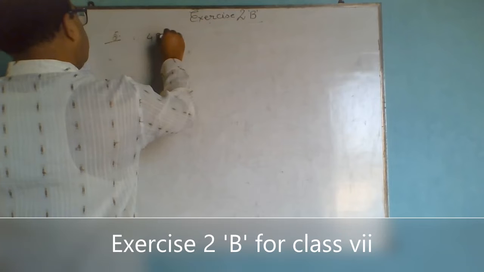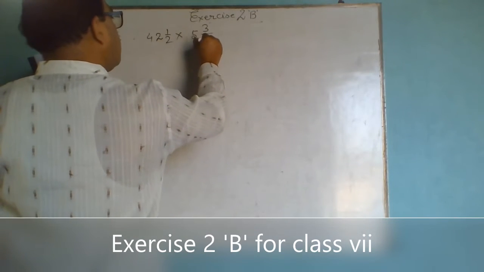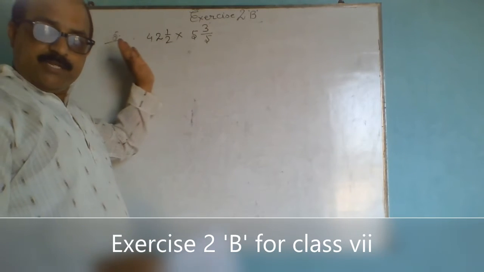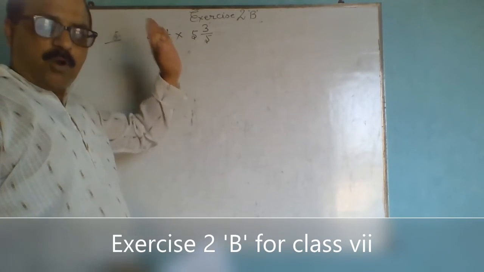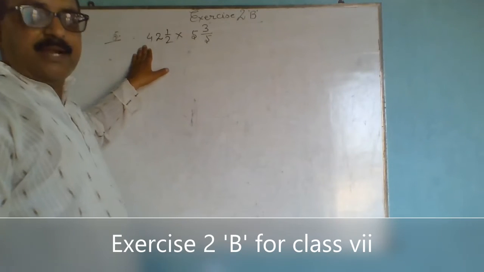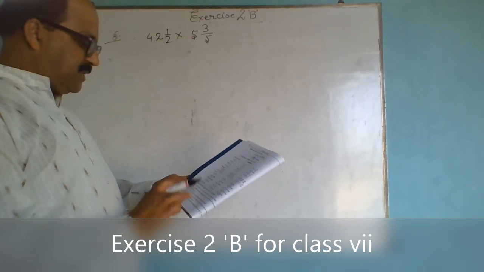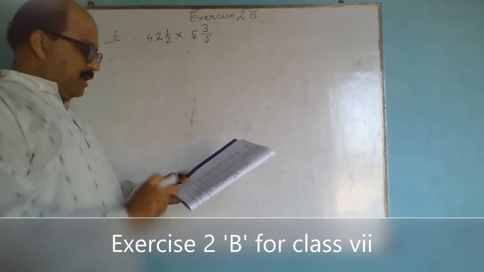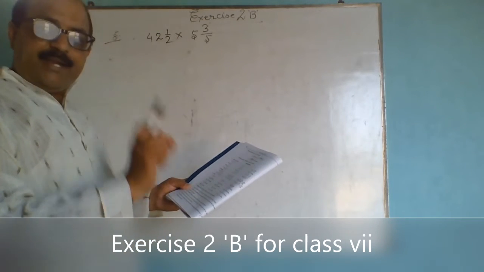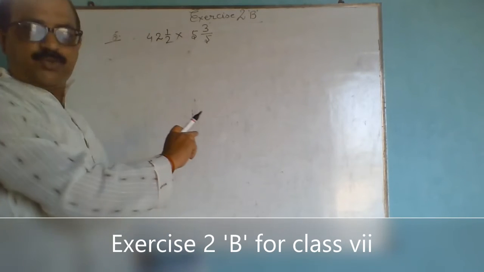42 whole 1 by 2 into 5 whole 3 by 5. Whenever you solve it, you will get the answer. But what problem has been solved, and what is the solution? So you will write it down here. Only you will write the cost of this one per meter. Cloth is being sold at the rate of cloth per meter, which is equal to rupees 42 whole 1 by 2.